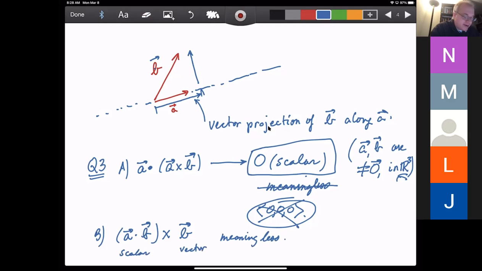Okay, that's exactly right. The cross product takes 2 vectors. It doesn't work on a scalar and a scalar or a scalar and a vector. You need 2 vectors, and they have to be vectors in 3-dimensional space. They have to be in R3.